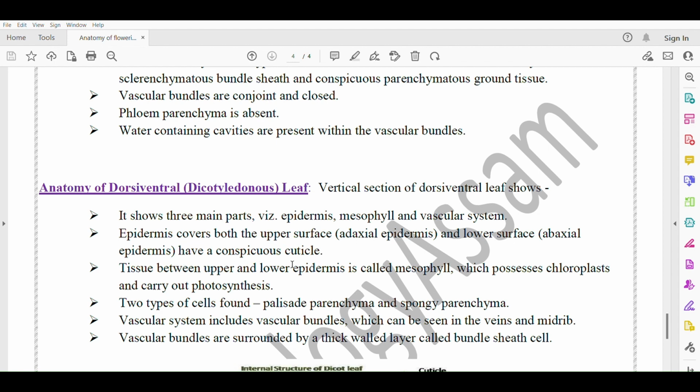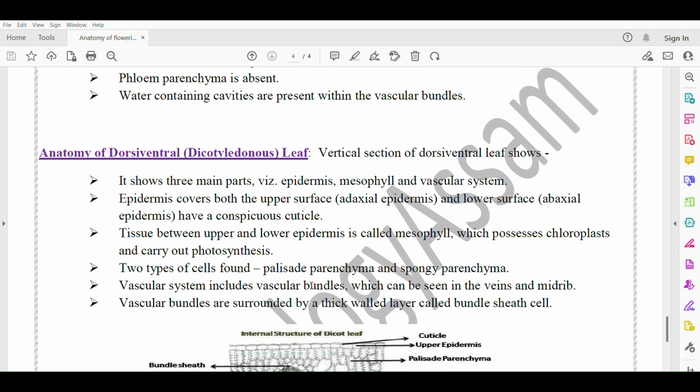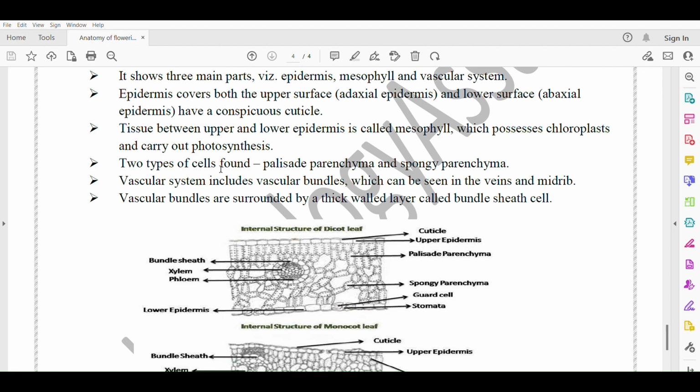Tissue between upper and lower epidermis is called mesophyll, which possesses chloroplasts and carries out photosynthesis. Two types of cells are found: palisade parenchyma and spongy parenchyma. Vascular system includes vascular bundles which can be seen in the veins and midrib. Vascular bundles are surrounded by a thick-walled layer called bundle sheath cells.